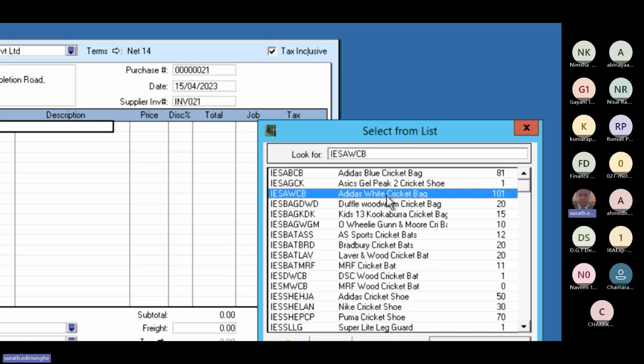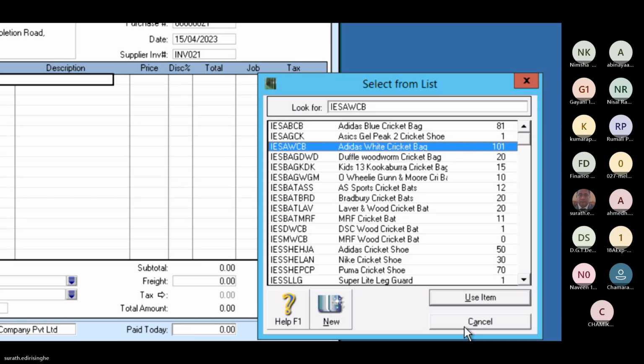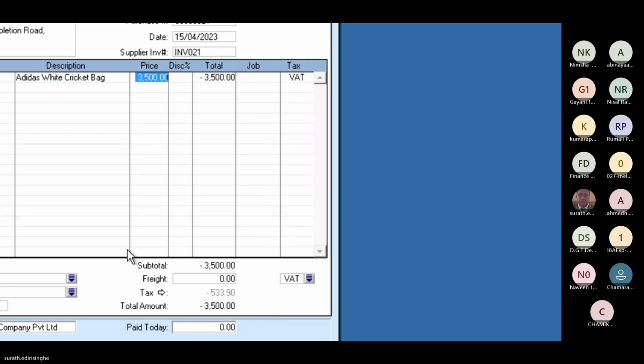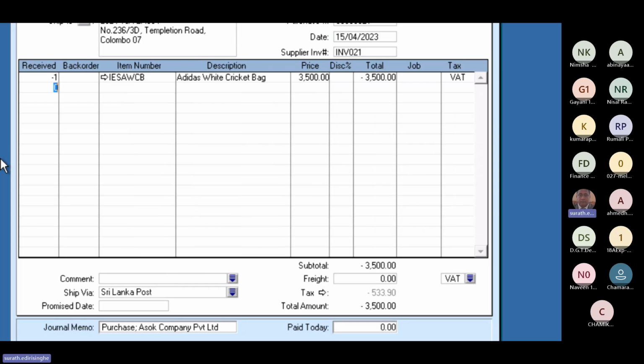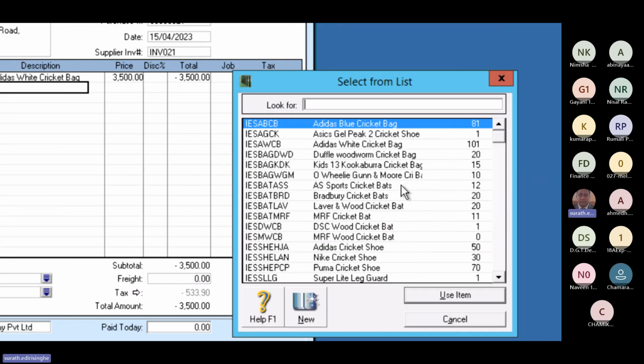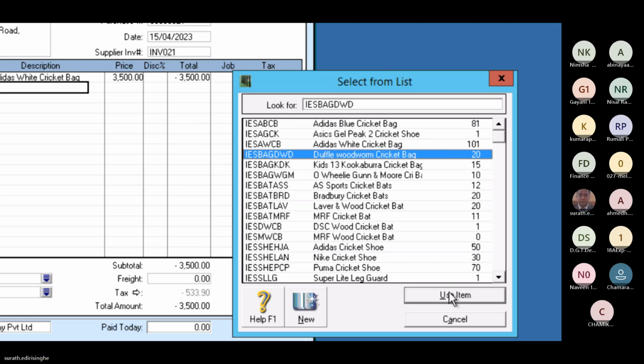Adidas white cricket bag. White needed, yes, the earlier one was blue. Use this item. Original price 3,500, can change. Next one, minus two items. Item called Woodworm cricket bag.